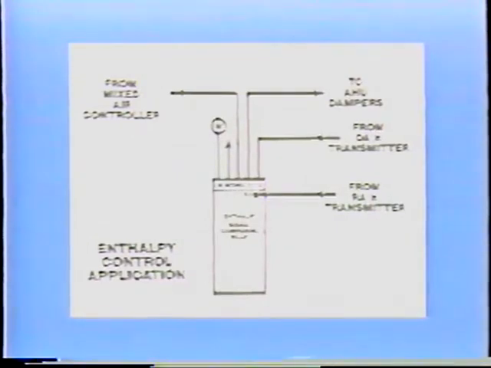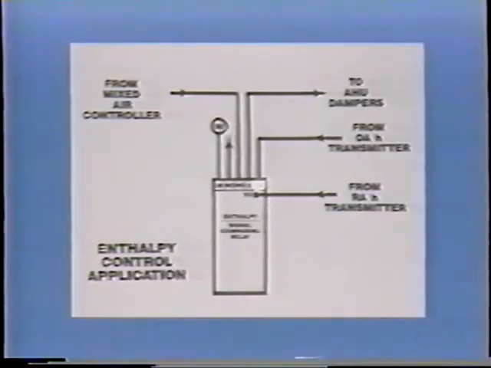In this example, the signal comparison relay is utilized to execute a changeover function based on enthalpy in an economizer system. As long as the signal on port S coming from the outside air enthalpy transmitter is equal to or lower than the input signal at S2 from the return air transmitter, the normally open port will be connected to common.